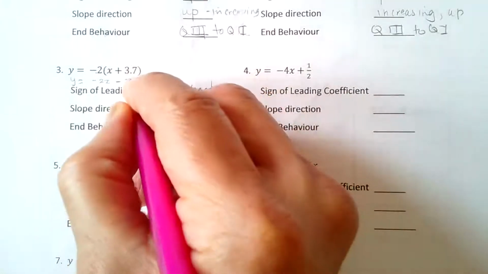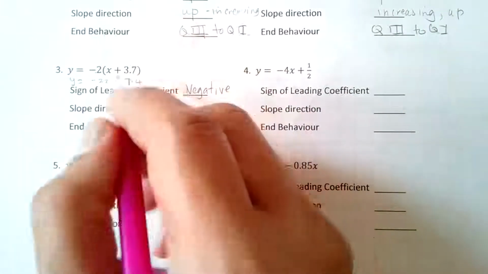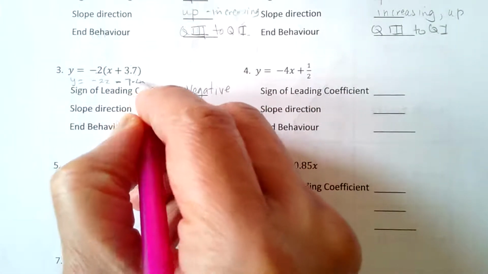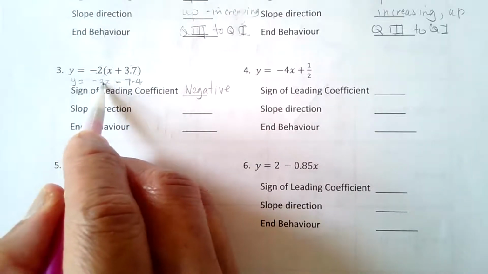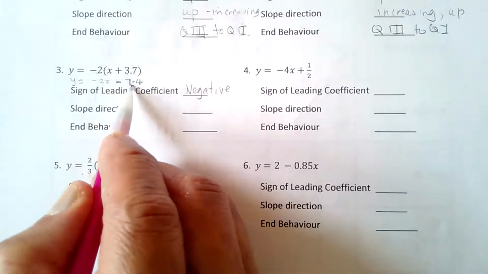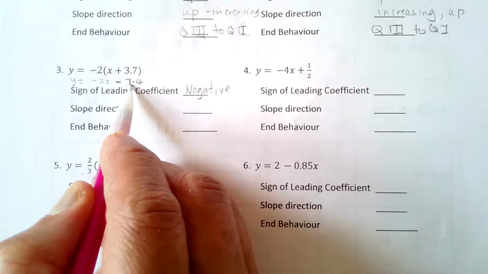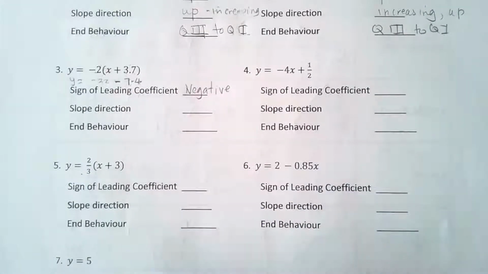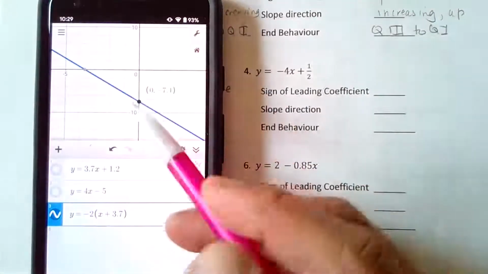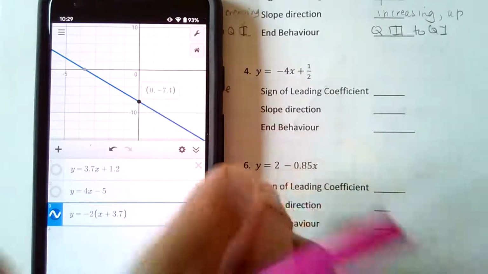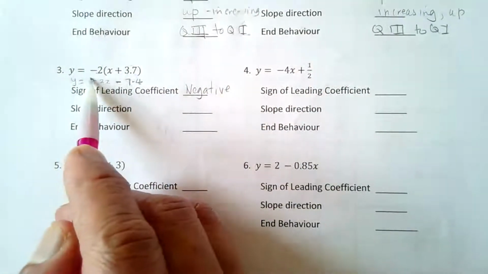So once you simplify this, you can read it off now. Your slope is negative 2. Your y-intercept is negative 7.4. That's why in your calculator you see negative 7.4, because you have a factor of negative 2.